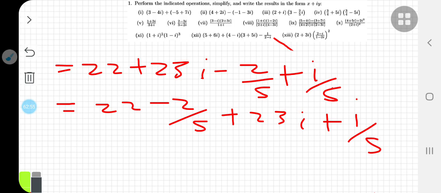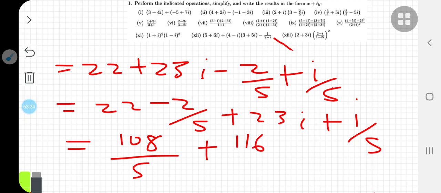So 22 minus 2 over 5: 5 times 22 is 110, and minus 2 gives me 108. So I'm having 108 over 5 plus, what is 5 times 23? That gives me 115, then I add plus 1, which gives me 116 over 5. And this becomes my solution. So that is my answer on that part.